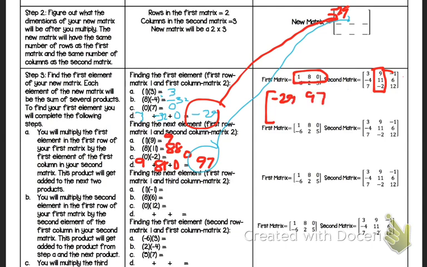Then we have 97. And now to complete the first row, we have to do first row times third column. So right there. I do 1 times negative 1. These two go together. Imagine you're just turning this matrix, flipping it on its side, so negative 1, 6, 12. That's how I picture it. The 1 goes with the negative 1, so we multiply those and get negative 1.